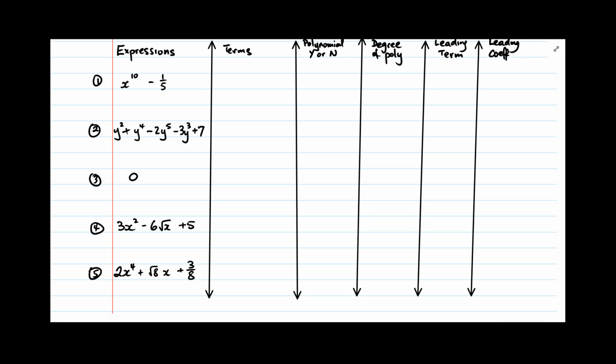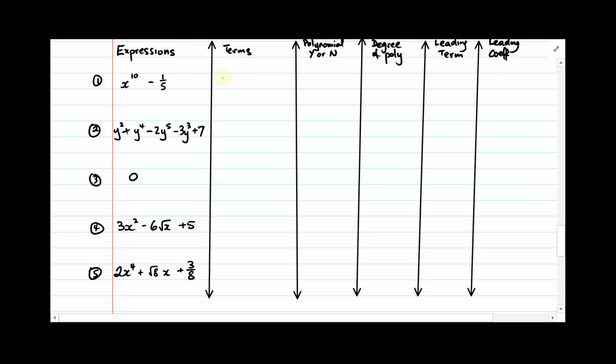I want you to give me the terms that make up these expressions. Then you decide, is it a polynomial or not, y or n. If it is a polynomial, then you'll answer the rest. That is, give me the degree of the polynomial, the leading term, and the leading coefficient. Okay, so let's fill these in.